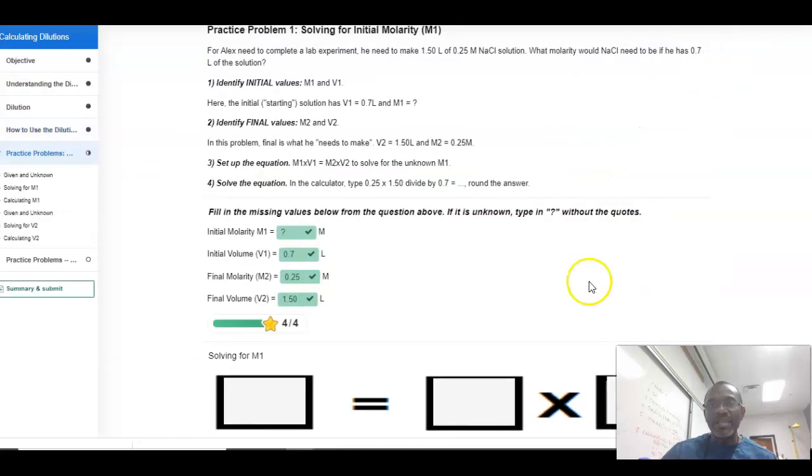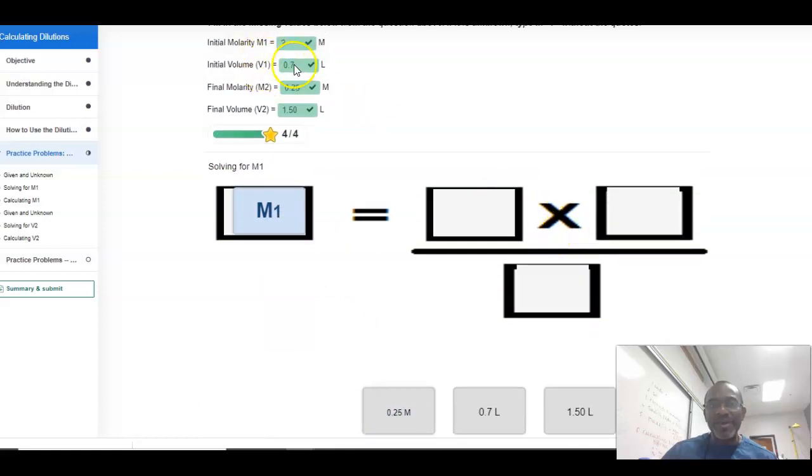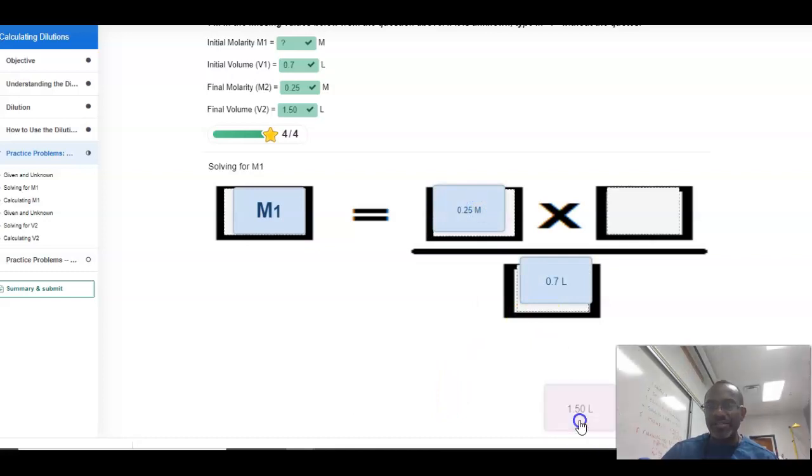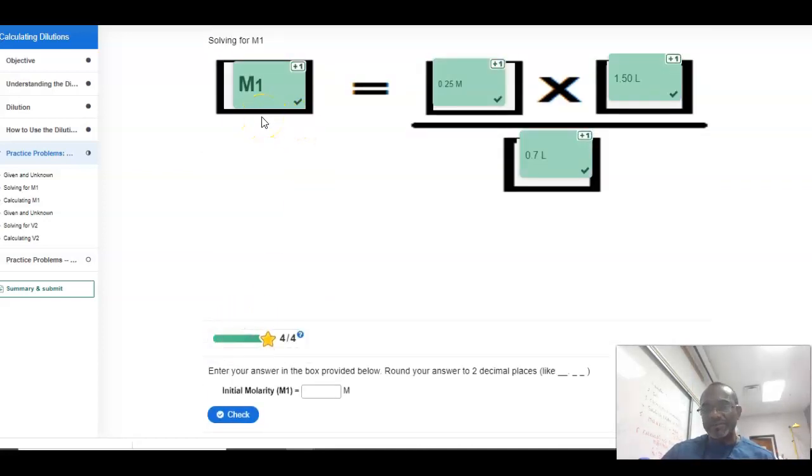So my M1 is the one that comes here, and my V1 is the one that goes at the bottom. So my V1 here is 0.7, so I put 0.7 down here. So I automatically know that the other two go on top. It doesn't matter which one goes into which on top. So this will give me my M1.